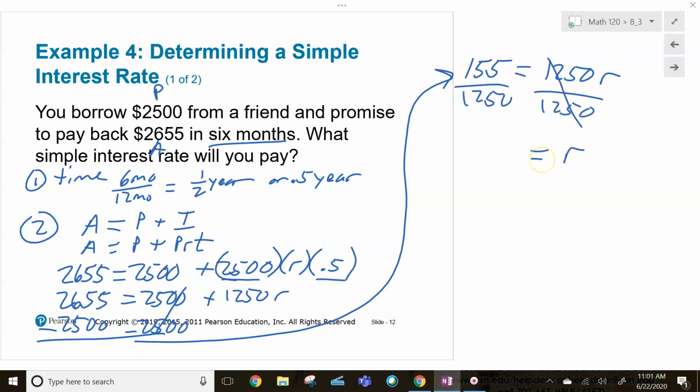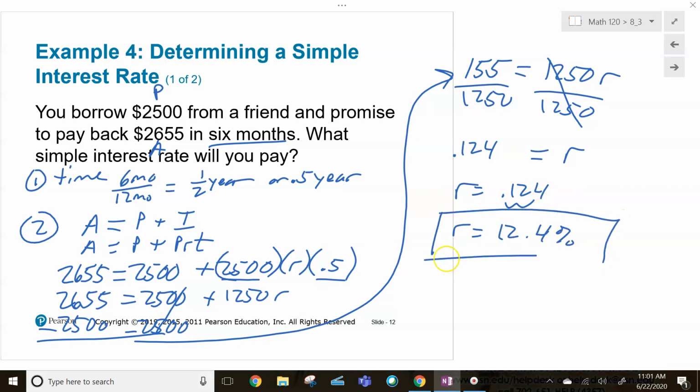And our R ends up being 0.124, which is, as a percent, 12.4%. So you've promised to pay this friend 12.4% interest in those 6 months, right? Which works out to be 155 extra dollars for borrowing that money.